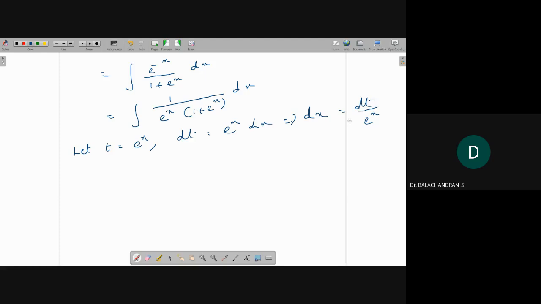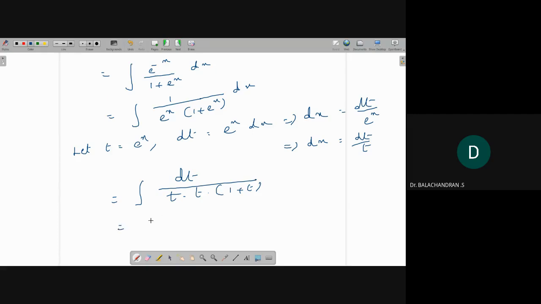I need everything in terms of t. So dx is equal to dt divided by e power x, which is t. Now this integral is equivalent to integral 1 by e power x, which is t, into 1 plus e power x, which is 1 plus t, into dx, and dx is dt by t.